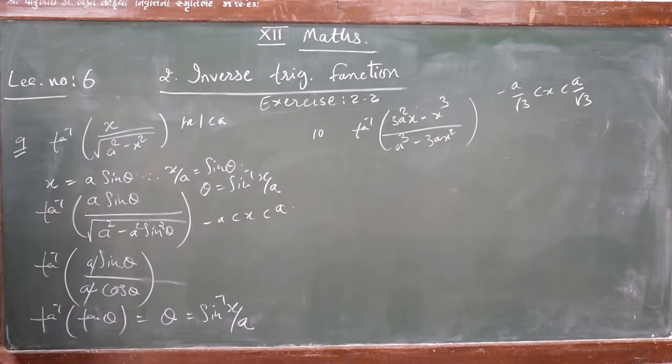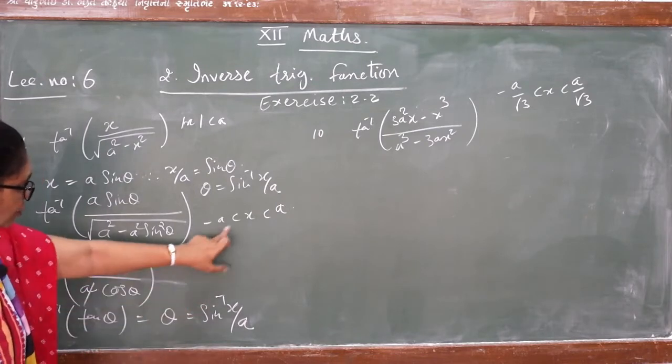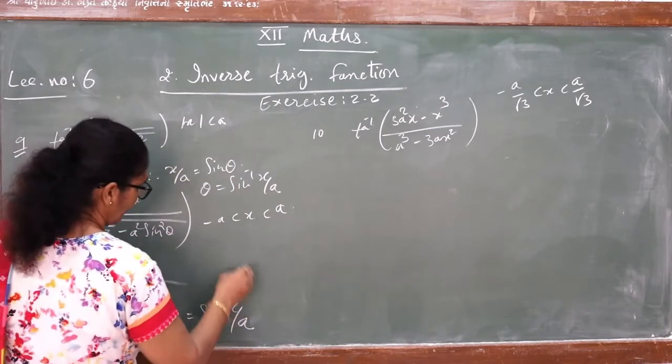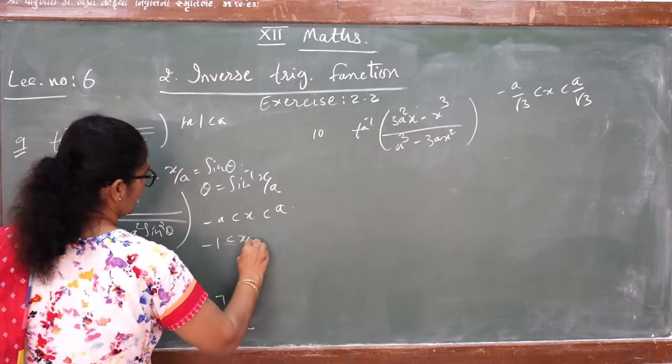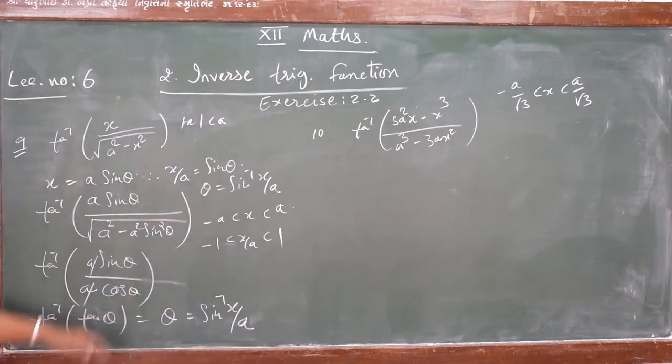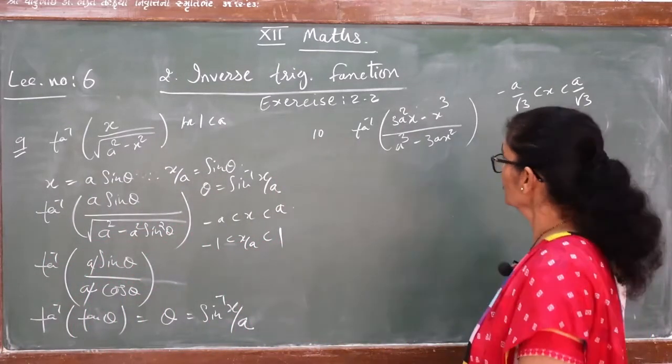Now we have to convert it into theta. So minus a to a, and when you write it for theta you have to convert it into x upon a format. So minus 1 less than x upon a less than 1, and for sine, minus 1 to 1 means minus pi by 2 to plus pi by 2. So that is the correct solution.